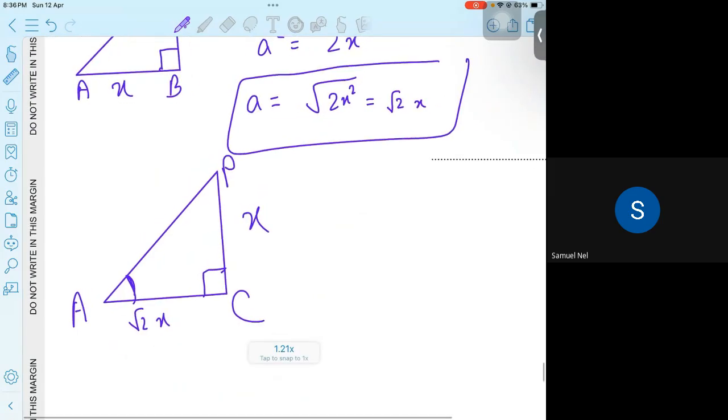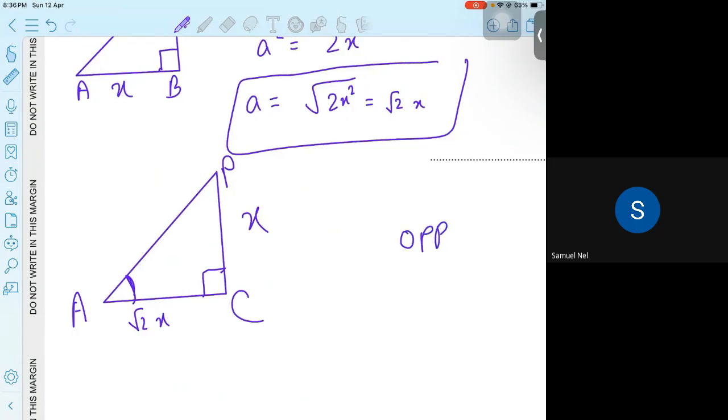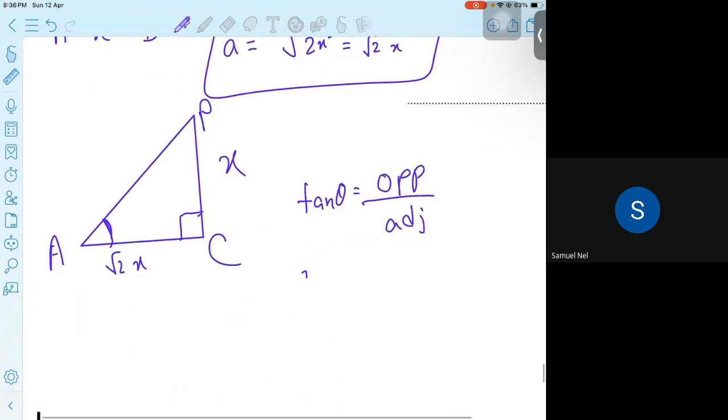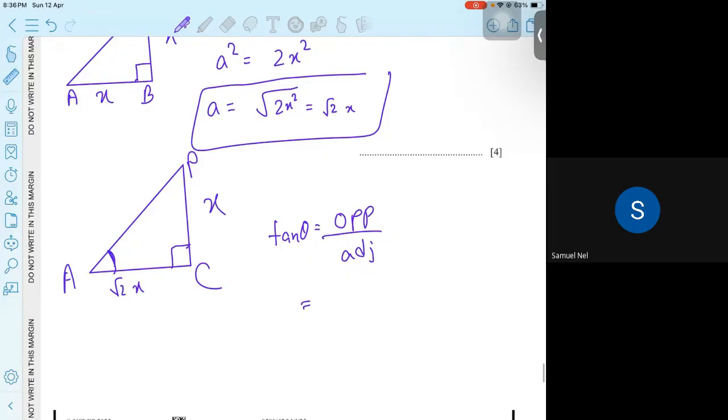So can you tell me which trigonometric ratio connects the opposite and the adjacent? Exactly, tan, right? Thank you so much. So tan theta is equal to opposite over adjacent. Let's plug in the values first and then let's take the arc tan.